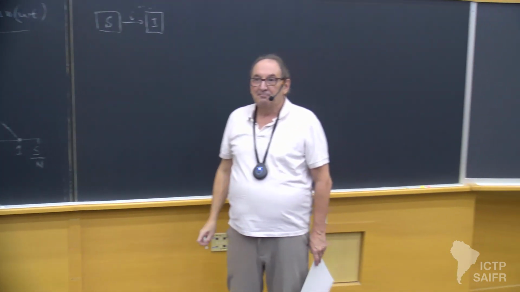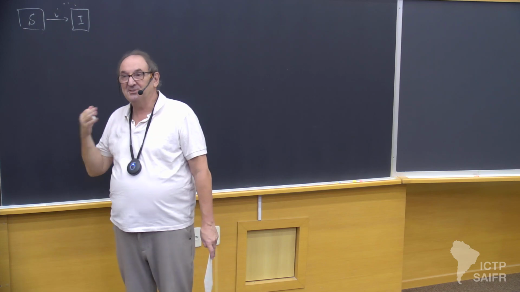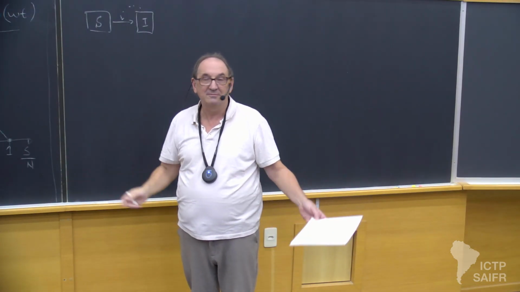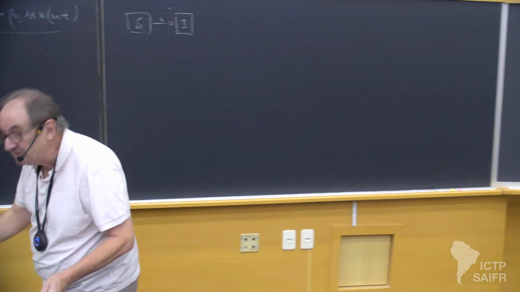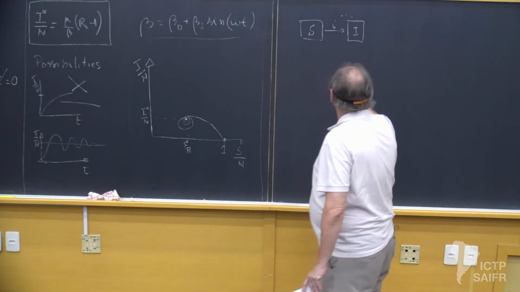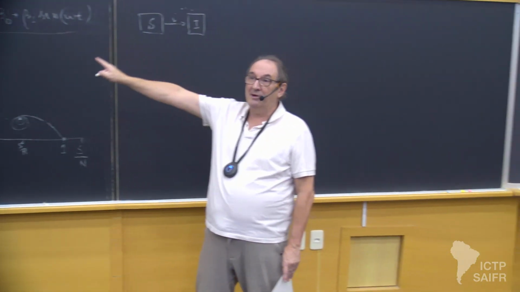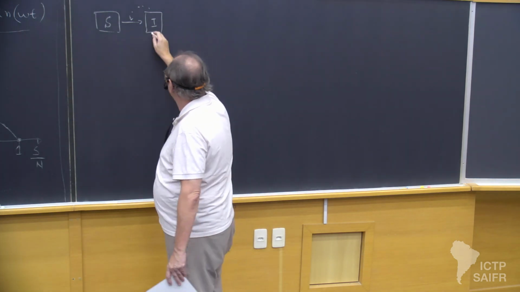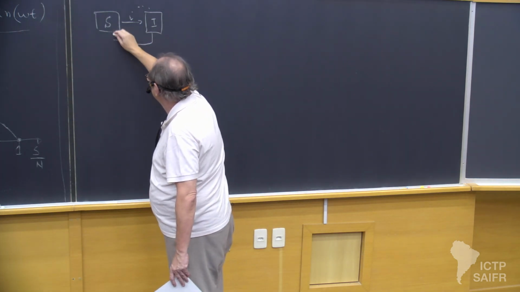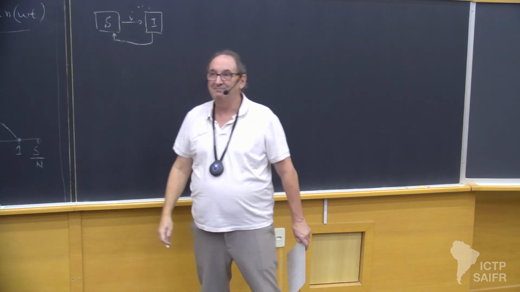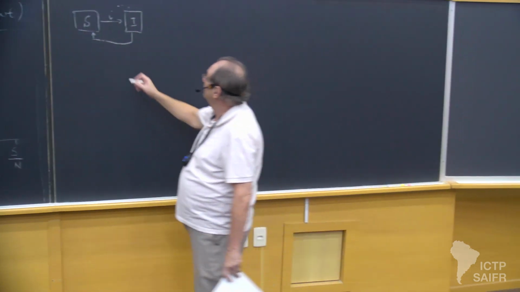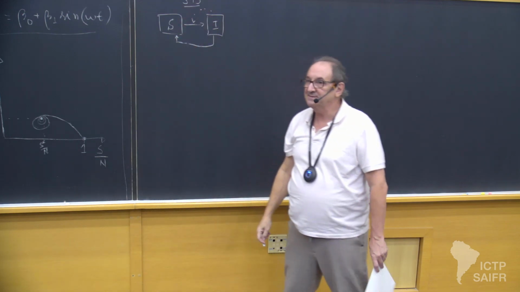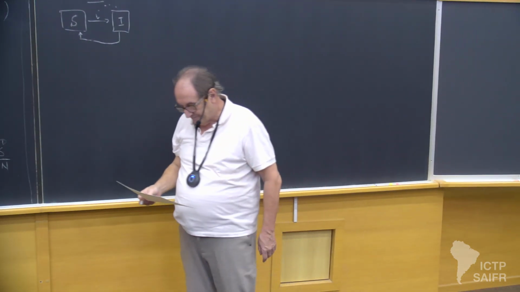But once the infection is over, after the duration of the infection, you don't go to R. You get back to S. Therefore, this is an SIS model. This is a very simple model, actually.